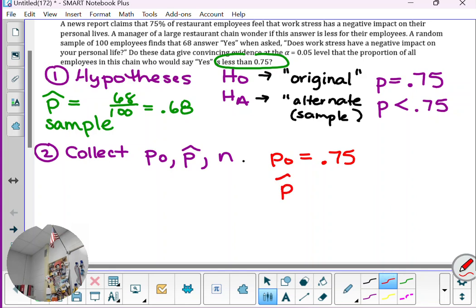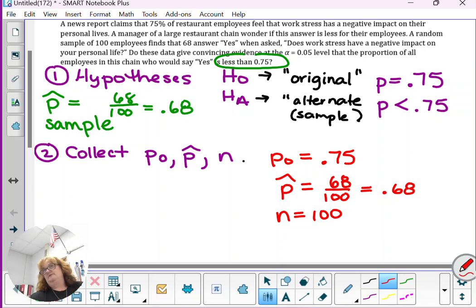The P hat from the sample is 68%, and our sample was 100. And we've got a big old formula that we're going to use with these three numbers to calculate something called Z, a standard test statistic. Then we're going to think about that Z in a normal distribution to come up with a probability.